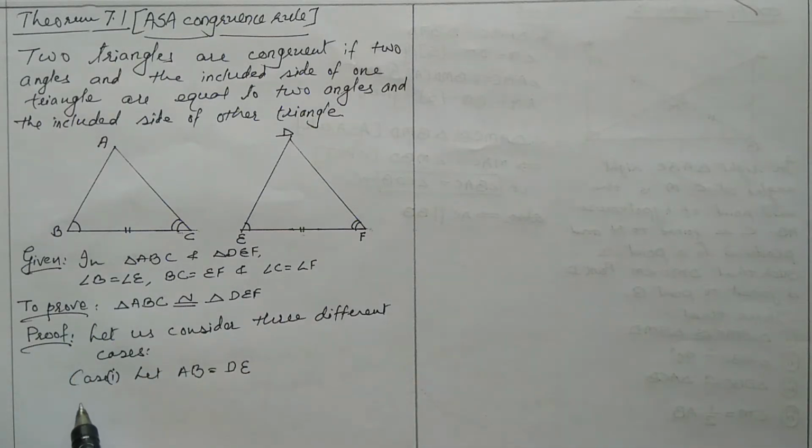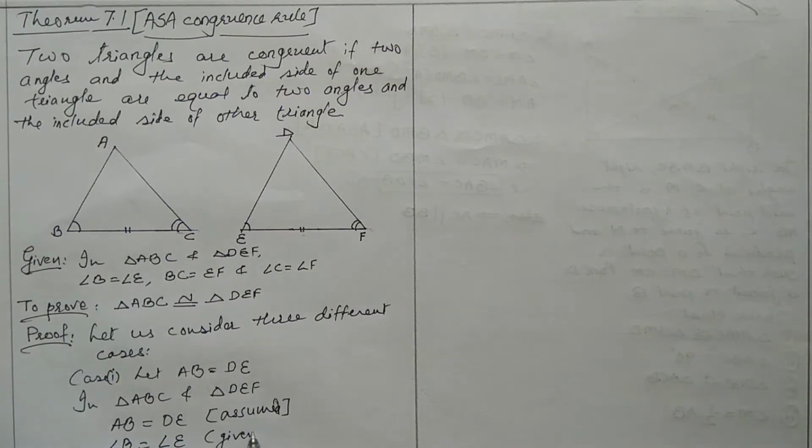In triangle ABC and triangle DEF, AB is equal to DE. Reason: we have assumed that AB is equal to DE. Then angle B is equal to angle E, it is given to us.